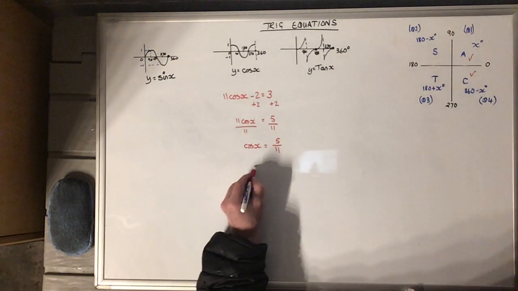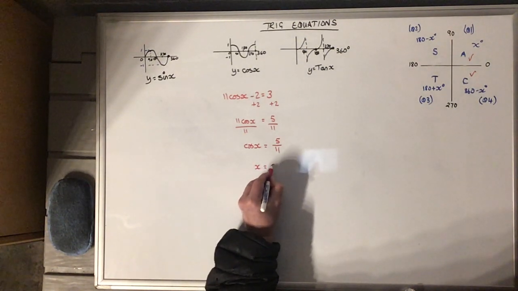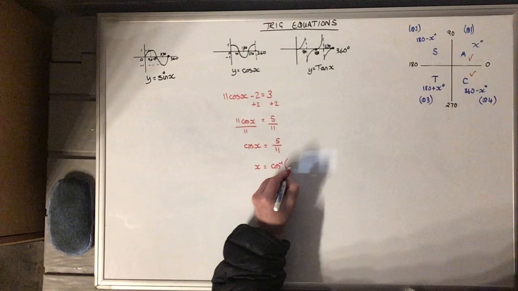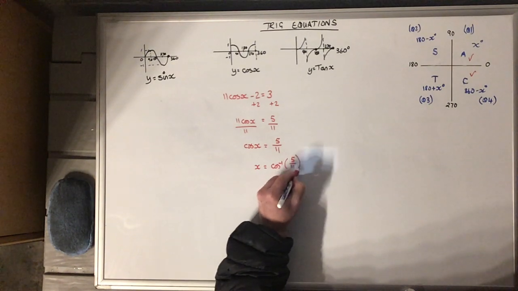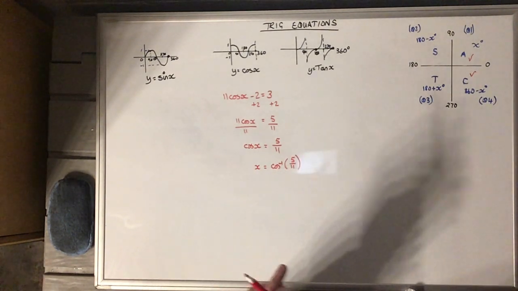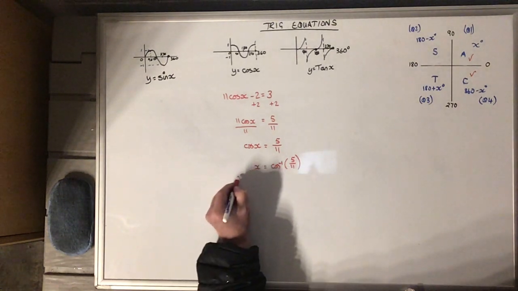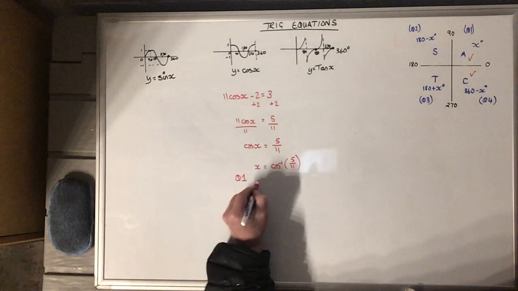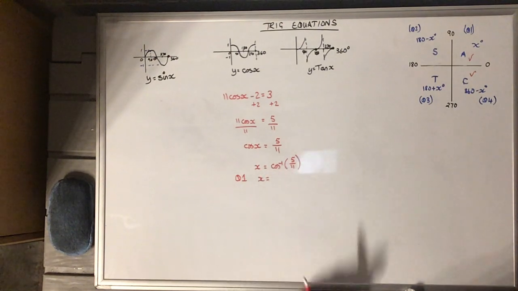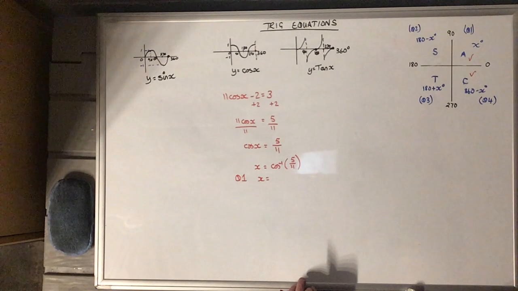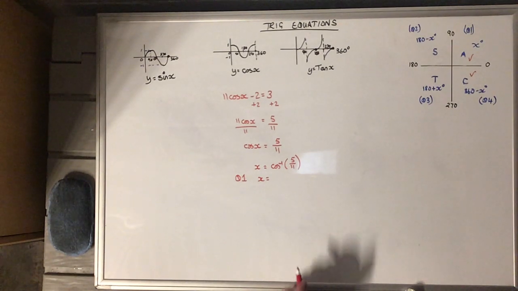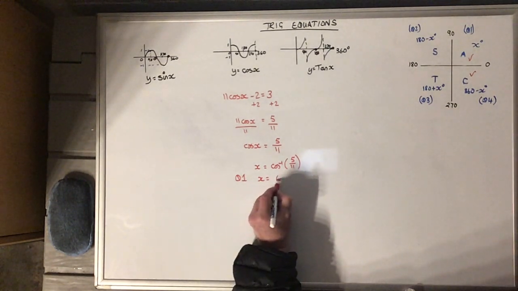So shift cos in your calculator. This is how we write it down, and the buttons you press: shift, cos, 5 over 11, close bracket, equals. Now, first quadrant, so x is equal to, and if we work that through in your calculator, you should get an answer to the nearest whole number of 63 degrees.